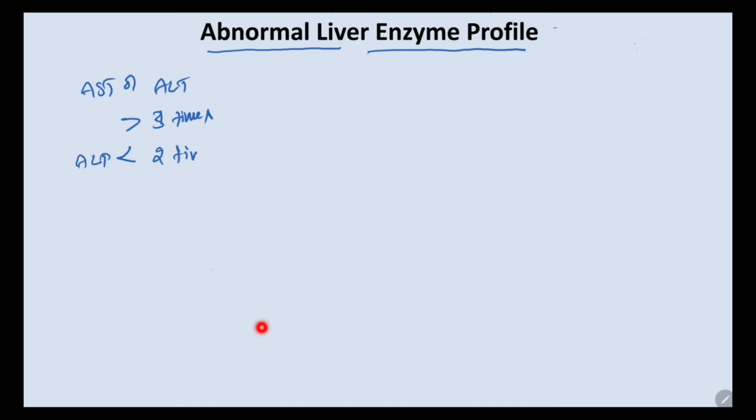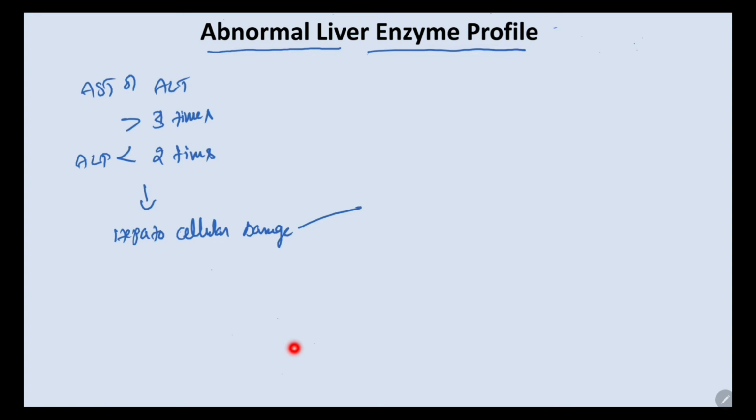Now we will see the abnormal liver enzyme profile, where AST or ALT values are more than 3 times the normal values and ALP values are less than 2 times, it will be hepatocellular damage.